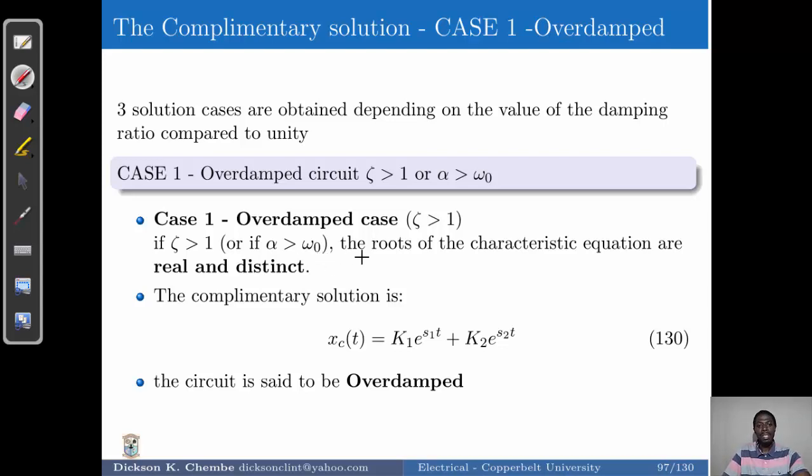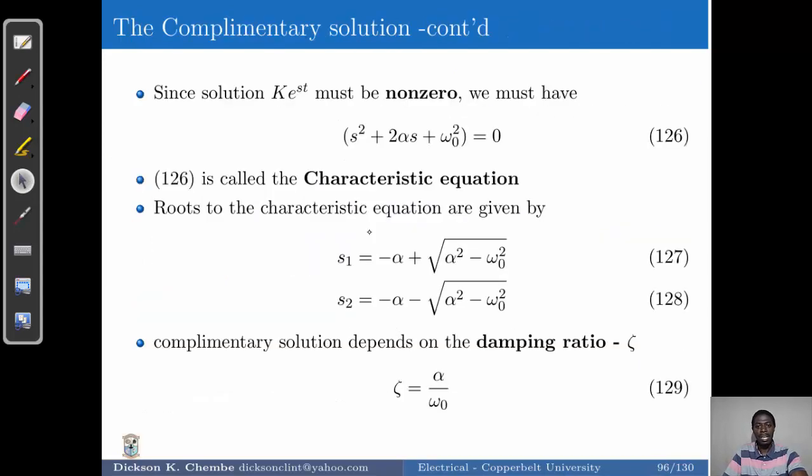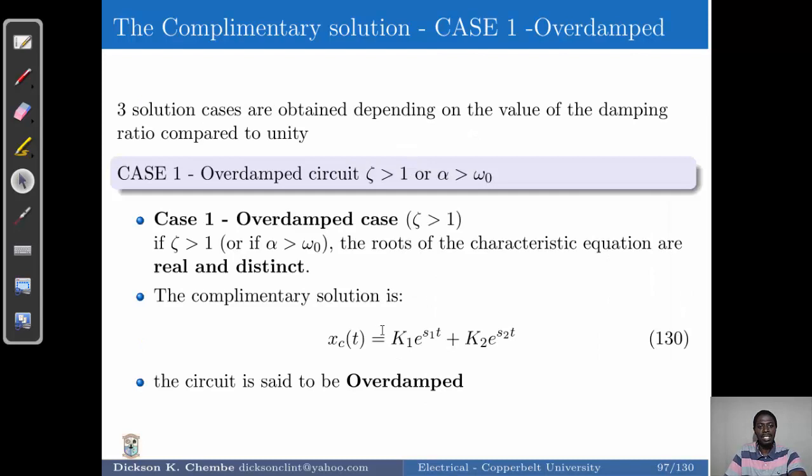Therefore, the roots of the characteristic equation, which I showed you, are going to be real and distinct. So this implies that the solution xc(t) is going to be equal to k1 e^(s1 t) plus k2 e^(s2 t), and the circuit is said to be overdamped.